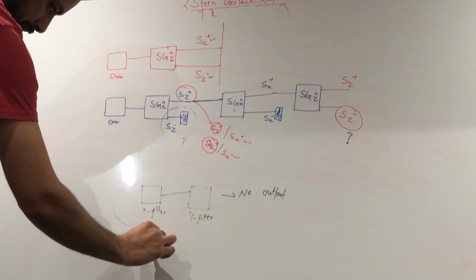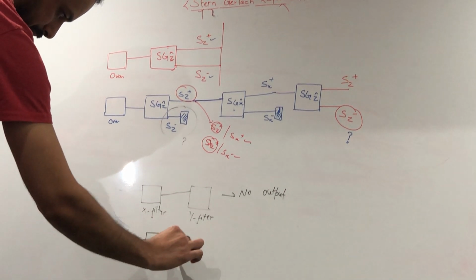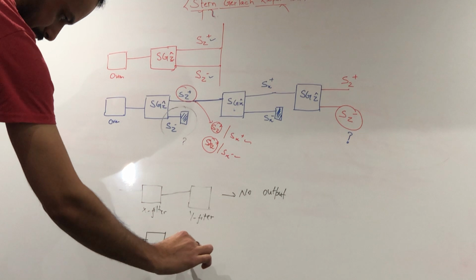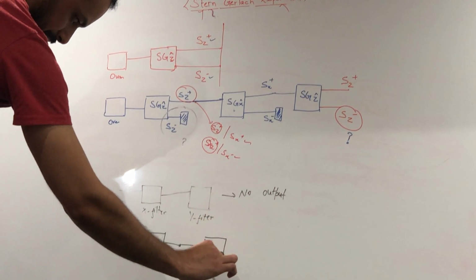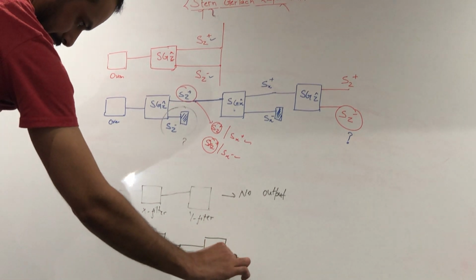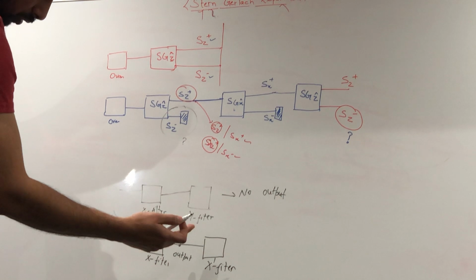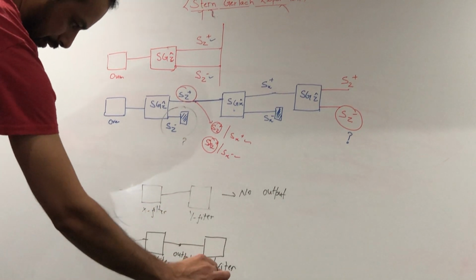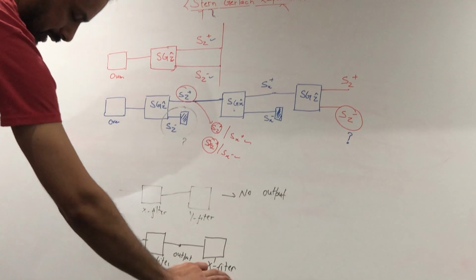Now what happens in another case? If I pass this, I get the output, and I pass it through an X prime filter. What is an X prime filter? As an example, it is a filter whose optic axis is at 45 degrees to the x-axis.